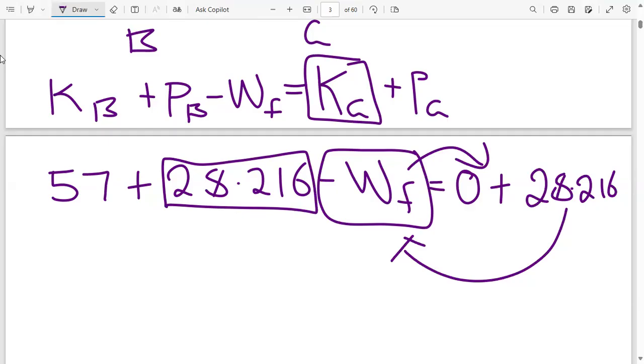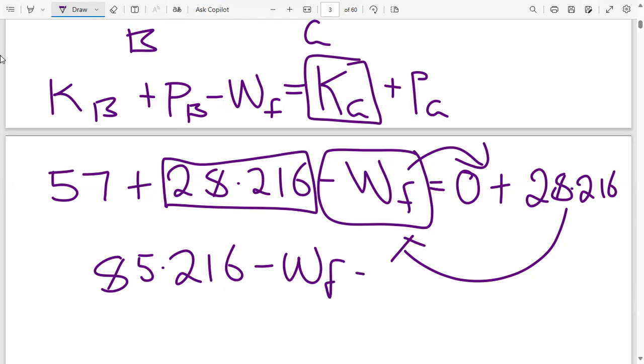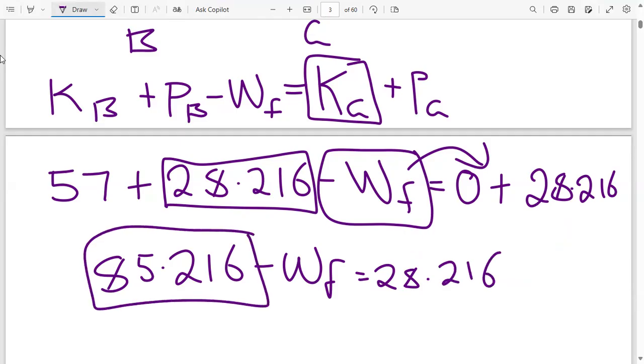So 57 plus 28.216, I'm getting 85.216 minus the work done by friction. This will be equal to 28.216 like this.